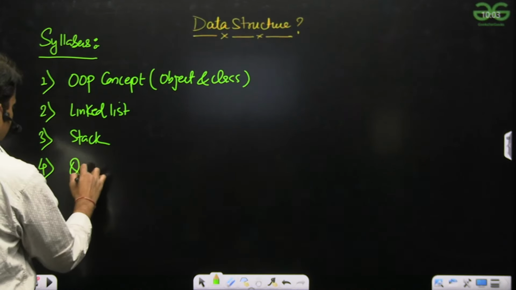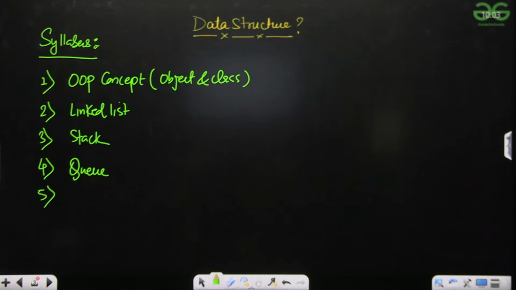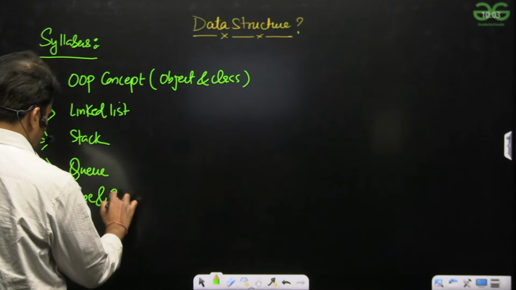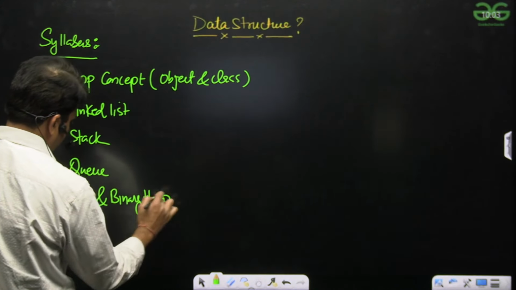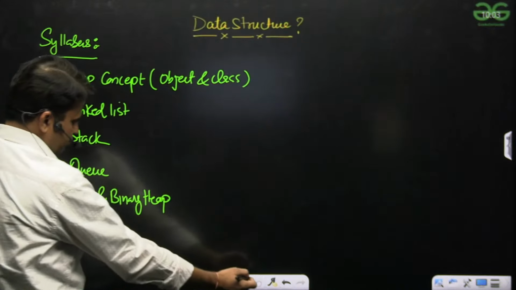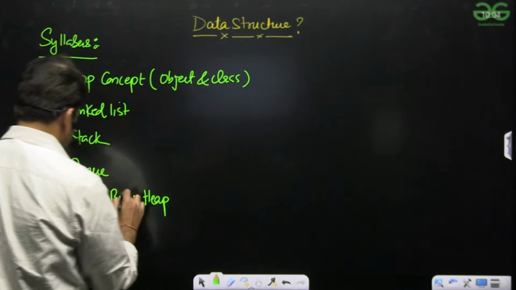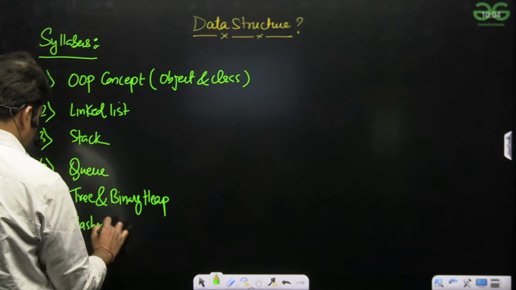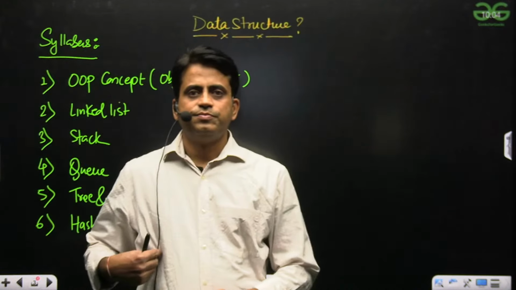Fourth is queue data structure. Fifth is tree and binary heap. And sixth is hashing. Okay, students.